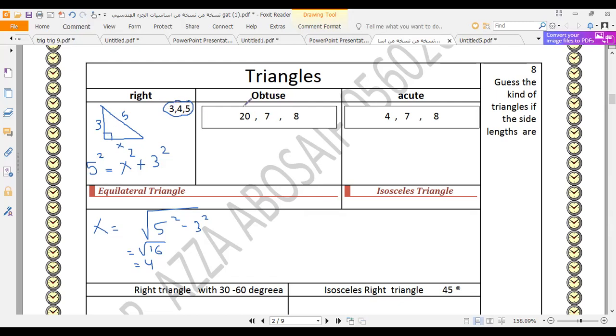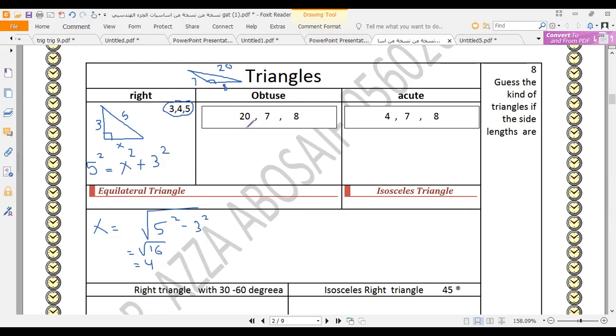Now, if I give you these measures of the sides of the triangle, and I want you to know if it is obtuse or not. Do you understand the meaning of obtuse? It has one angle which is greater than 90. So this is, for example, 20, and this is 7, and this is 8. So now, is it obtuse or not? How do you know?